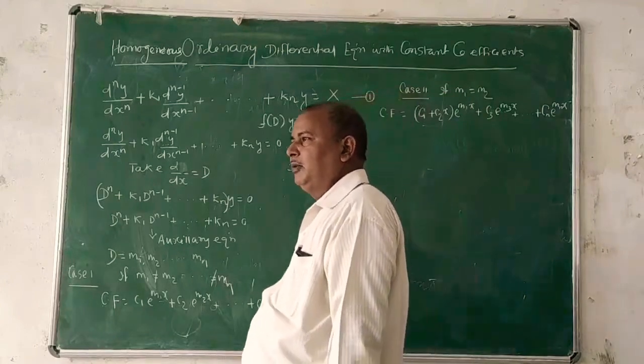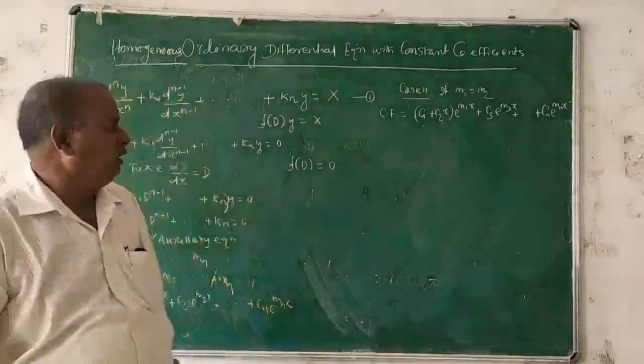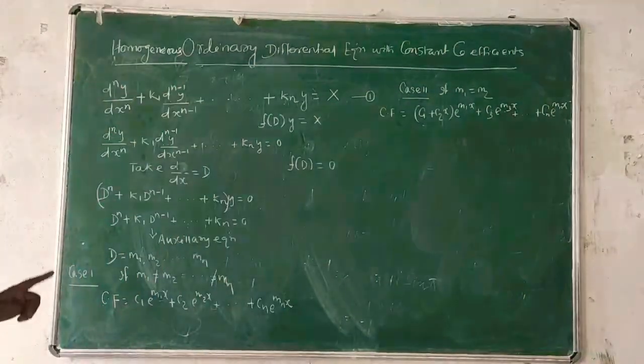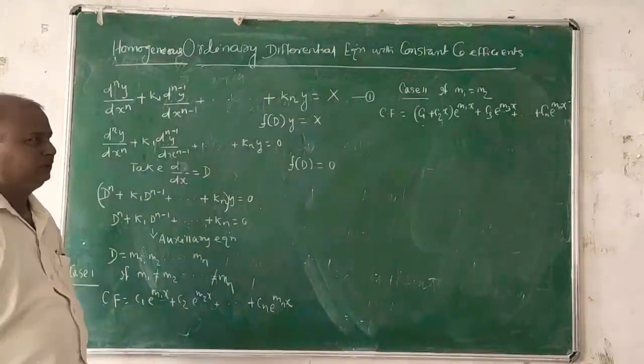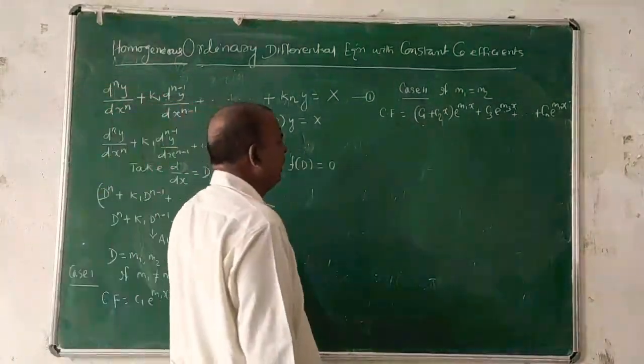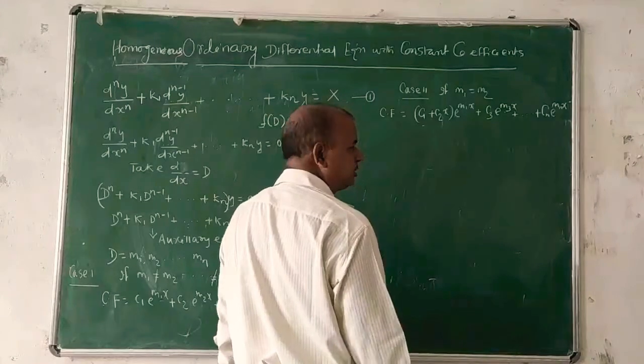So this is the complementary function that you get if two roots are equal and the others are not equal. This is the formula for finding the complementary function.